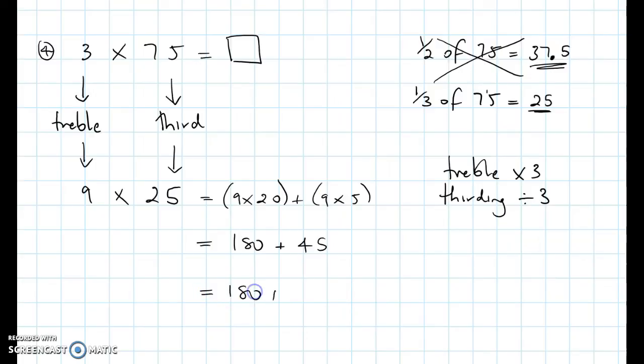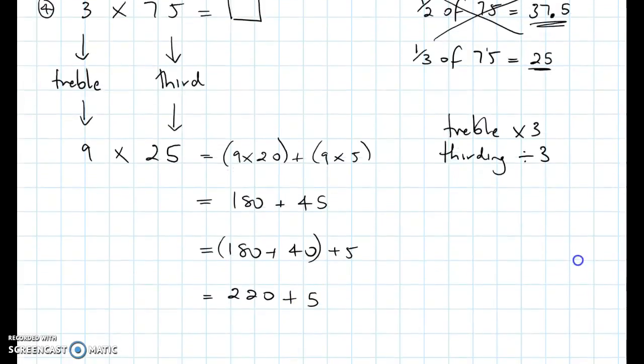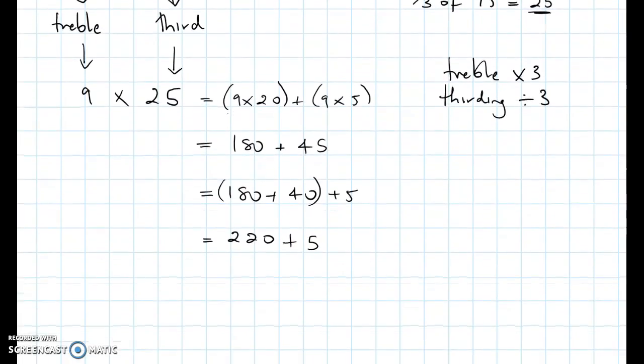Oops, still a bit hard. Place value. That 180 plus 40 is 220 plus 5 equals 225. So therefore 3 times 75 equals 225.